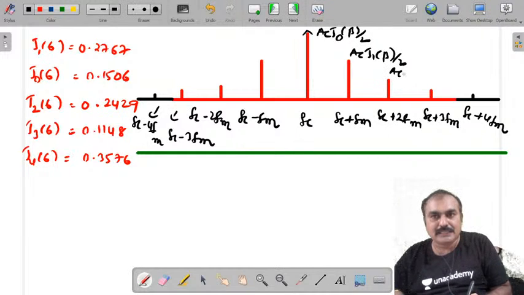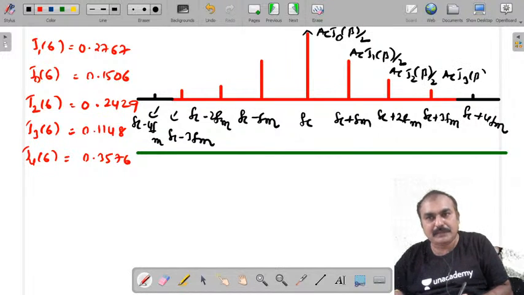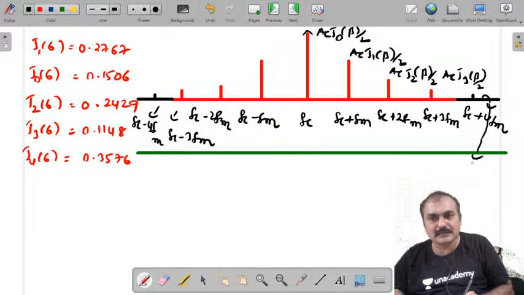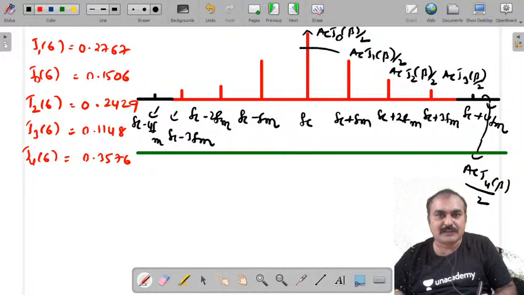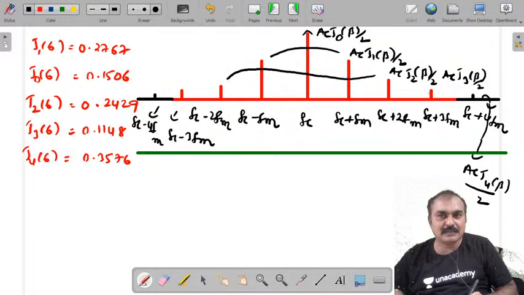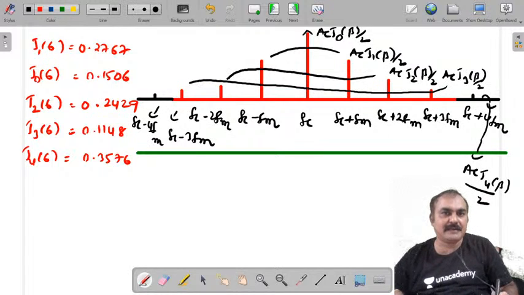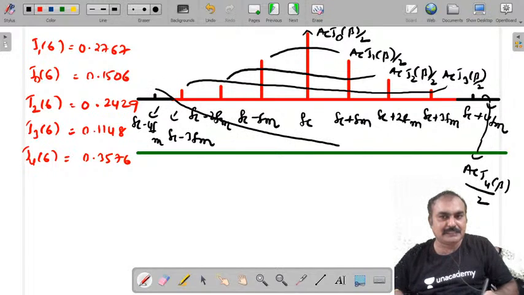This is AC into J2 into beta by 2. This is AC into J3 into beta by 2. This is AC into J4 into beta by 2, my dear students. Similarly for the other side, the same terms are present over here.